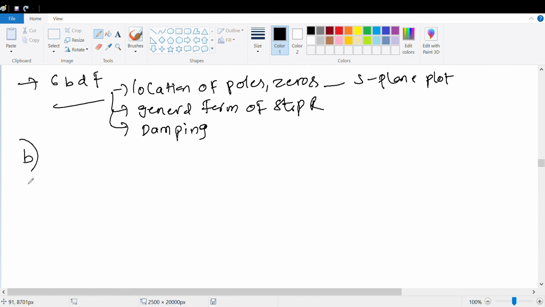So first, question b. T of s equals 5 by (s plus 3)(s plus 6).